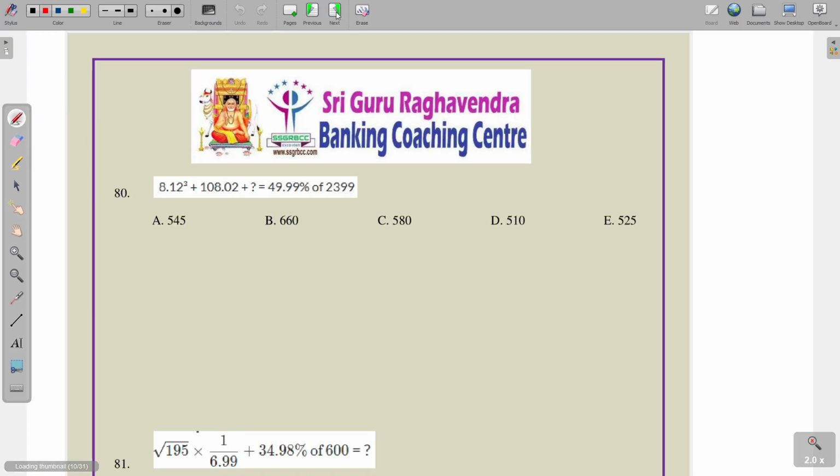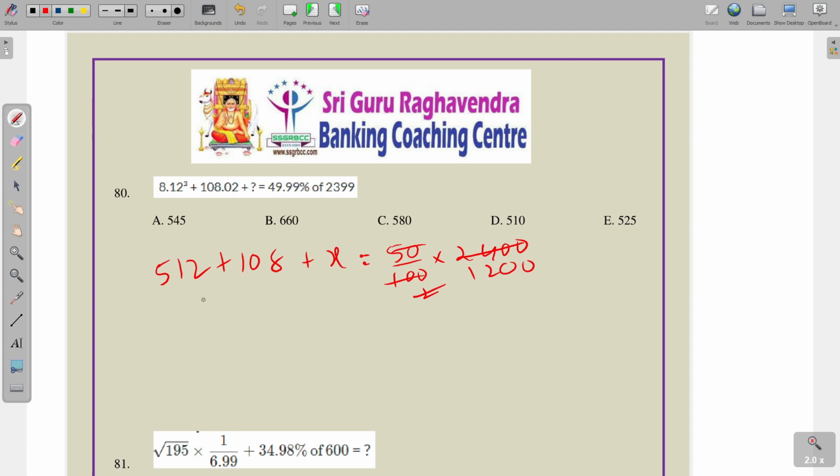So next, in this 8 cube is 512 plus 108 plus x equal to 50 percentage, 50 by 100 into 2400, 2 times 2, 1200. Now it is 520, x is equal to 1200 minus 520, which equals 580.